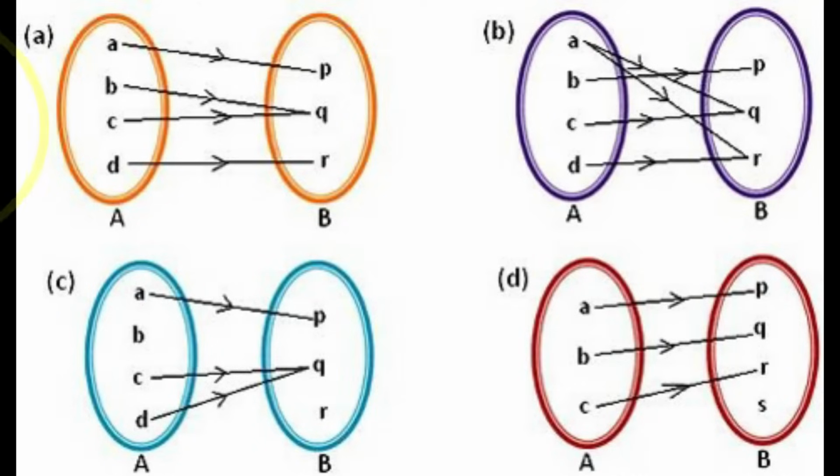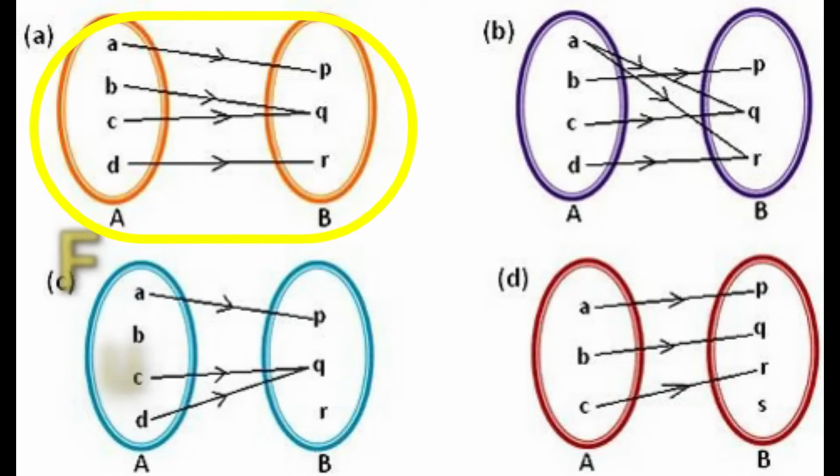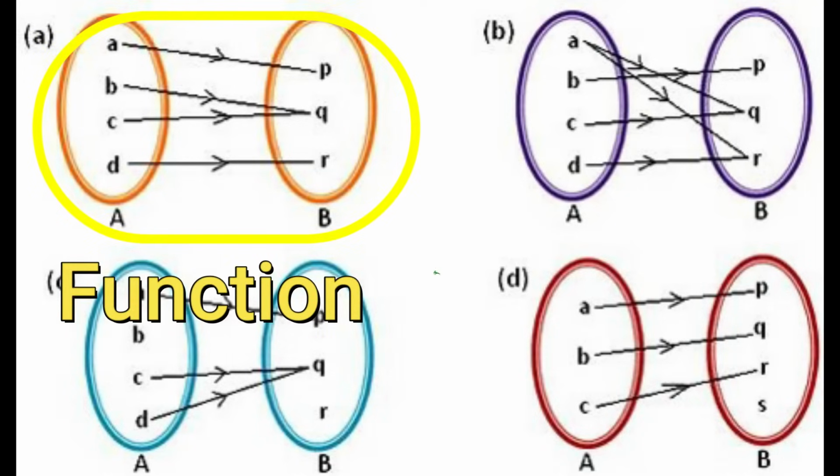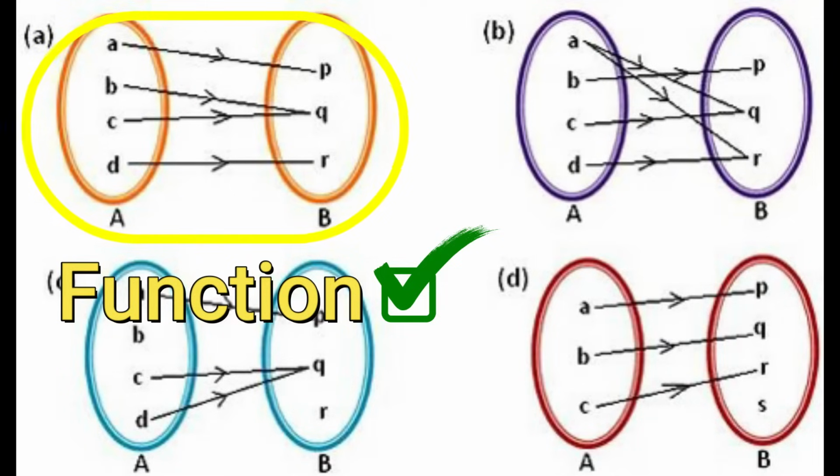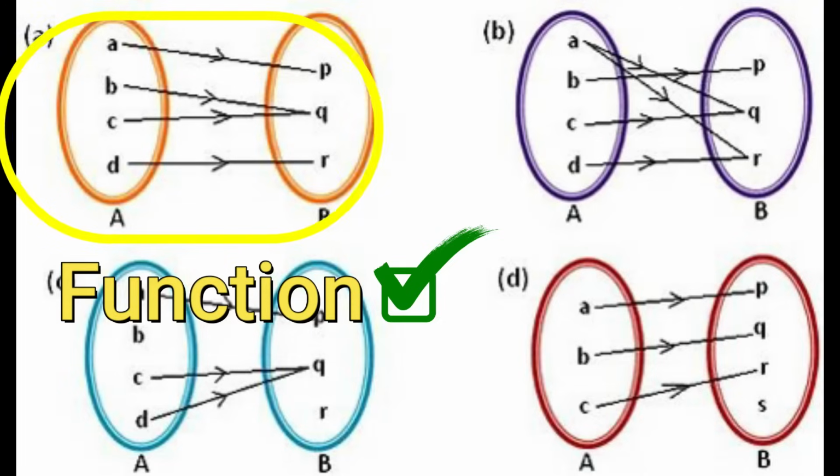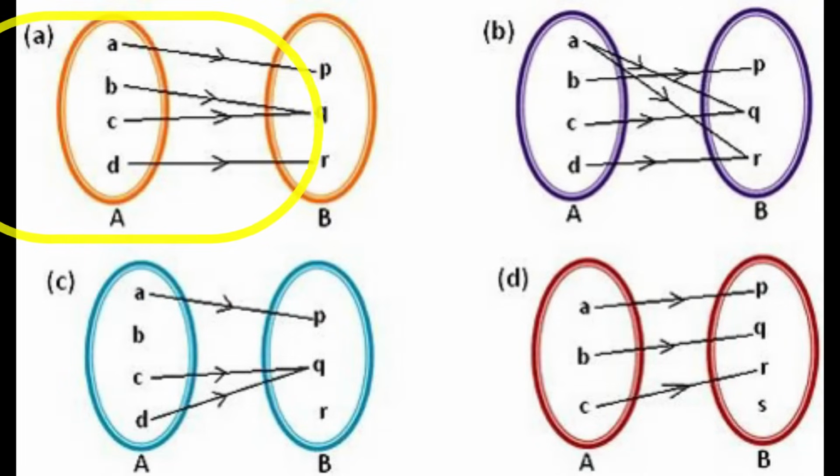In diagram A, it represents a function. The reason is each element of X uniquely associates with one element of Y. You may argue why B and C are both connected to Q, but remember, one element associates with only one element.